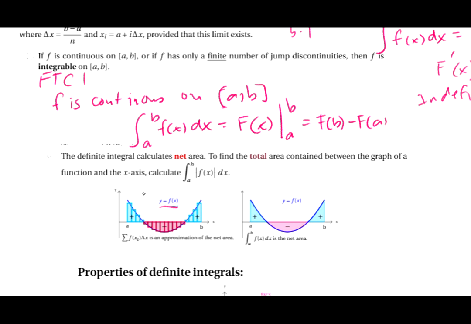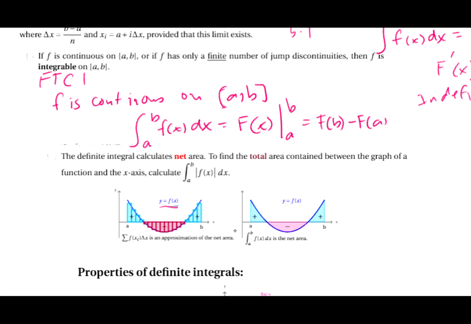In that case, if you compute the Riemann sums, you will figure out that the Riemann sum is approximating the area underneath on the positive side minus the area above on the negative side, between the function and the x-axis. And so it's always the net area.